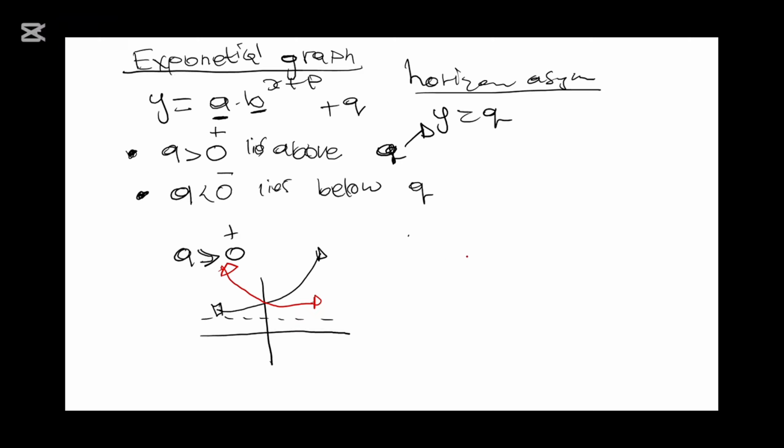Then, if a is less than 0, or rather a is negative, it is going to lie below our asymptote. So it's rather going to move like this, or like that.